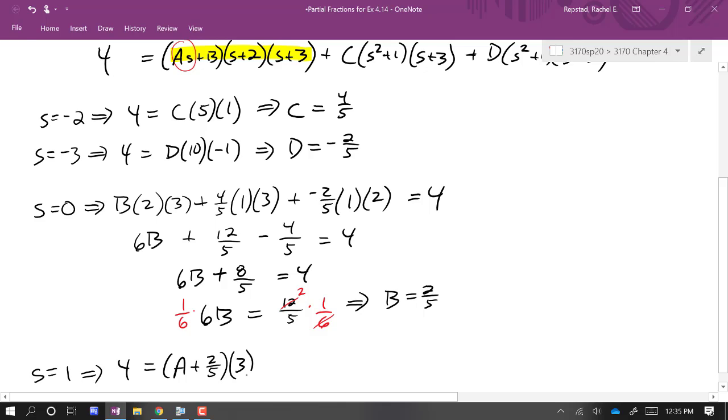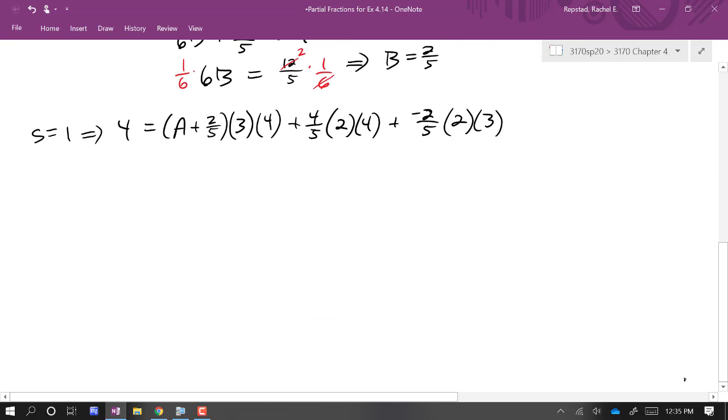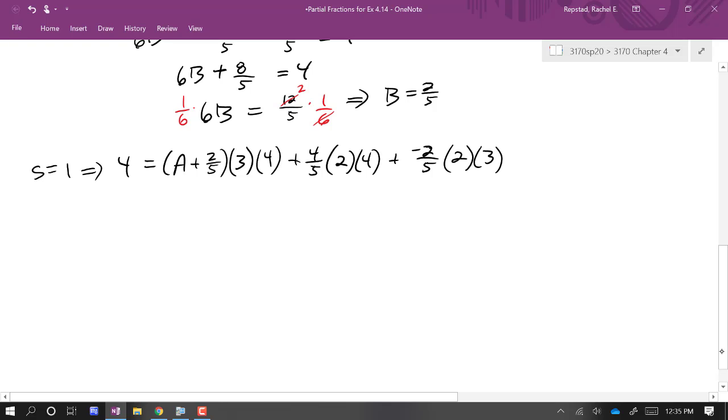S plus 2 is 3, s plus 3 is 4. c is equal to 4/5, and that's times 2 times 4, and then d is negative 2/5, and that is times 2 times 3. Now a is the only unknown.